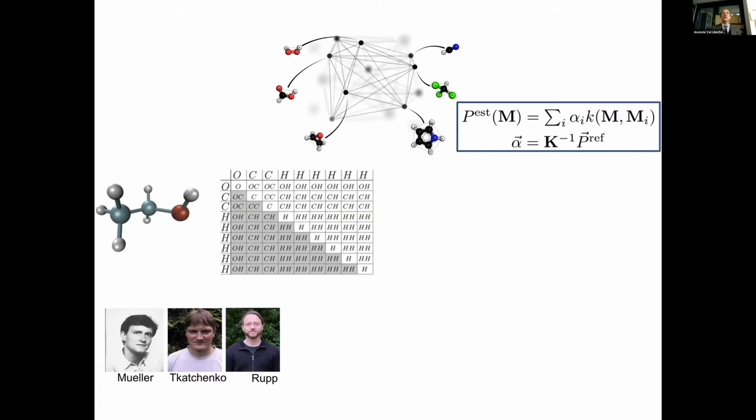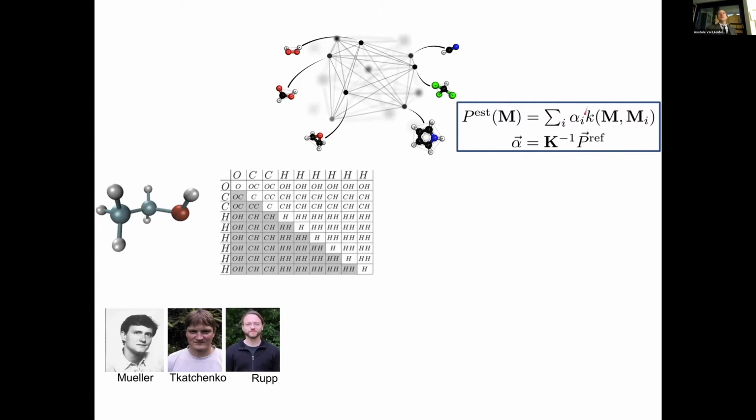And what Klaus suggested was that we use something called the support vector machine, or kernel ridge regression. Here you see such an expression. This would be the prediction model for a new molecule or material. You predict its property by simply summing over its training instances i, and every training instance gets a weight, the regression coefficient alpha, which carries the unit of your property, and it multiplies a similarity measure of your query compound to the training instance.